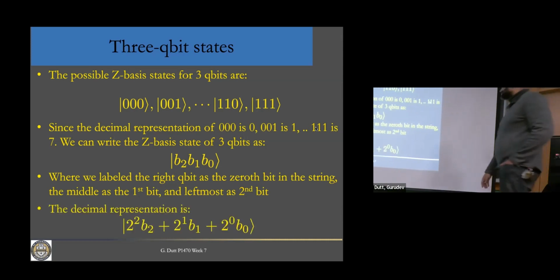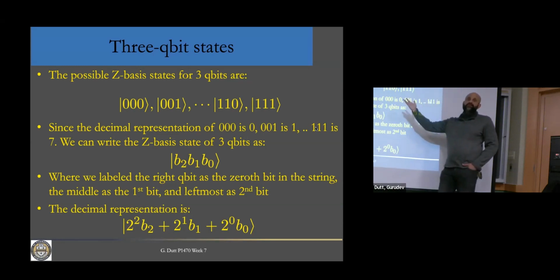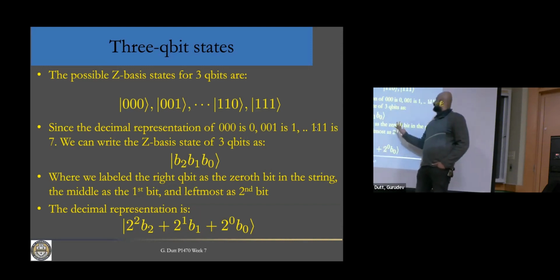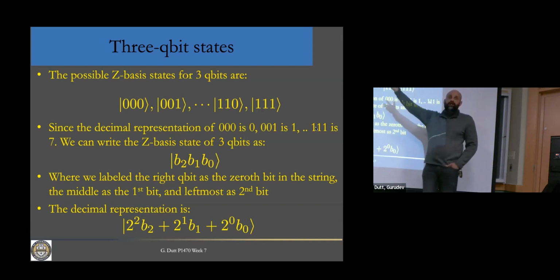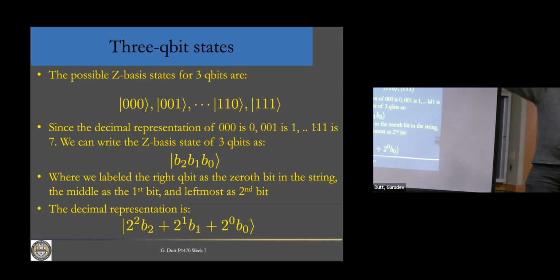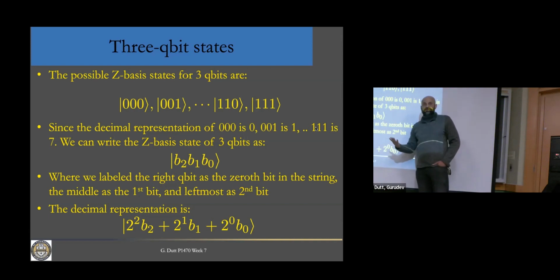So that decimal representation of the state, this is just a convention. It's just a way to label the states in a more compact notation. For 3 qubits, it's not that difficult. We can write down 0, 0, 0, 0, 0, 1, etc. But imagine you go to 100 qubits. Or of course, eventually we would hope in a quantum computer to get to thousands of qubits, right? It'll be difficult to keep representing them as binary strings.